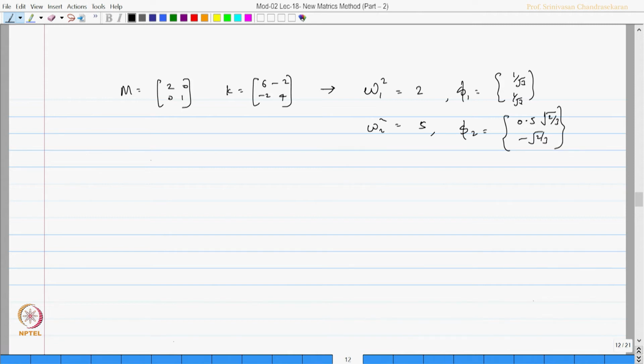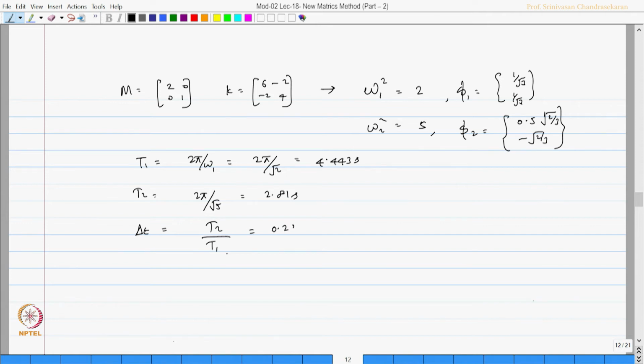Therefore, I can get T 1 as 2 pi by omega 1, which is 2 pi by root 2, which is 4.443 seconds, and T 2 is 2 pi by root 5, which is 2.81 seconds.